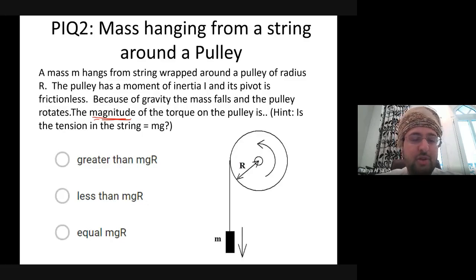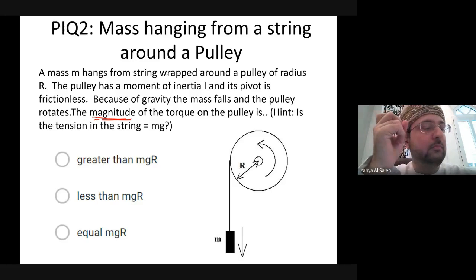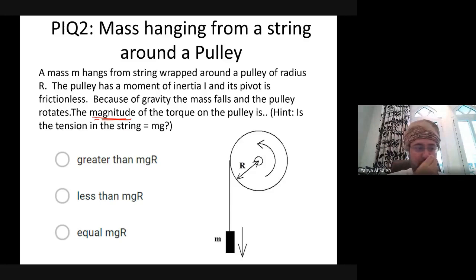Is it greater than mgr, less than mgr, or equal to mgr? I'm going to do it with you here now on paper. There's a hint: is the tension in the string equal to mg or not?